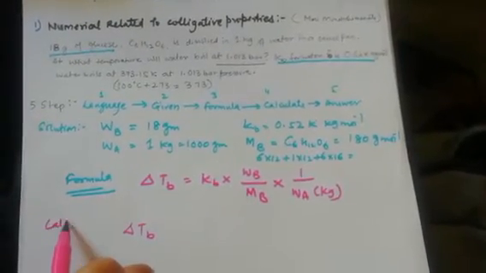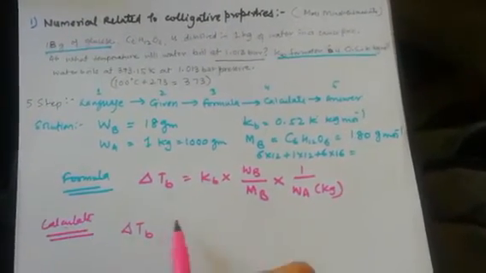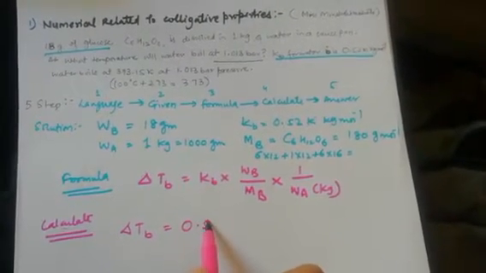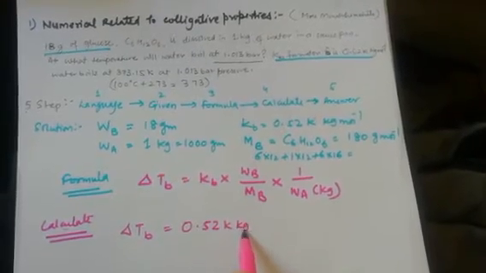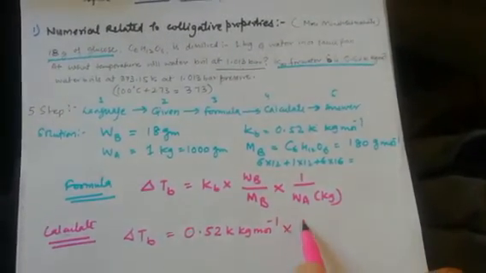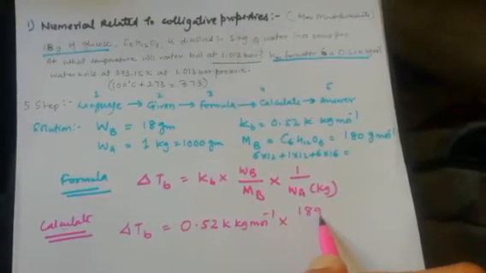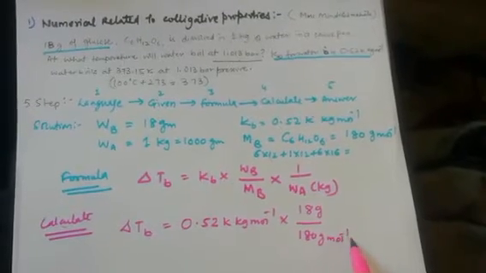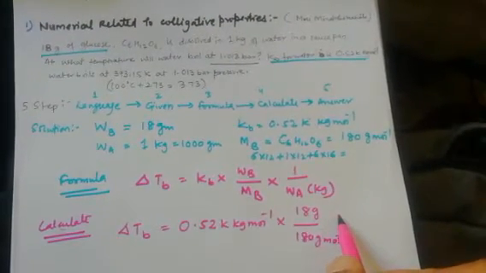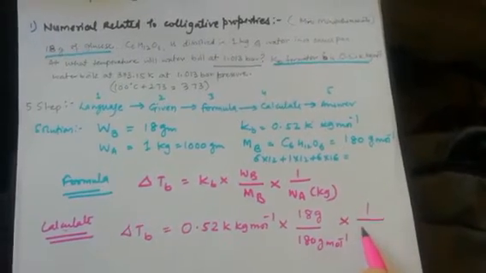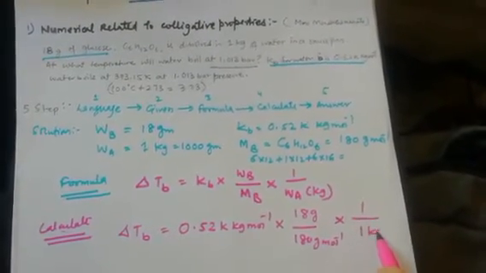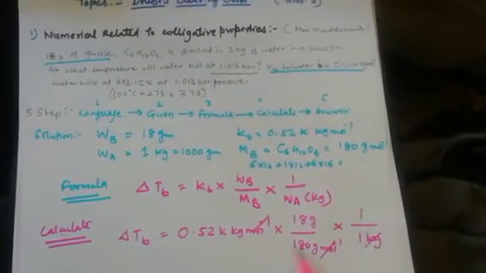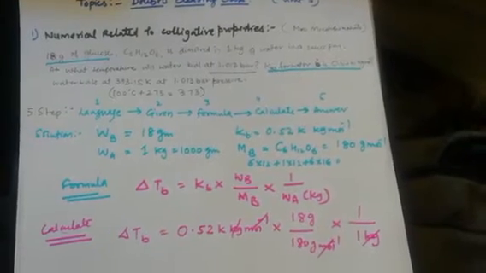Now we will calculate mathematically; here you need to be very good at math. Kb is 0.52 Kelvin kilogram mole inverse, into WB which is 18 gram upon MB which is 180 gram mole inverse, multiplied by 1 upon WA which is 1 kilogram. Now mole inverse will cancel with mole inverse, kilogram will cancel with kilogram, and gram will also cancel with gram. What is left?